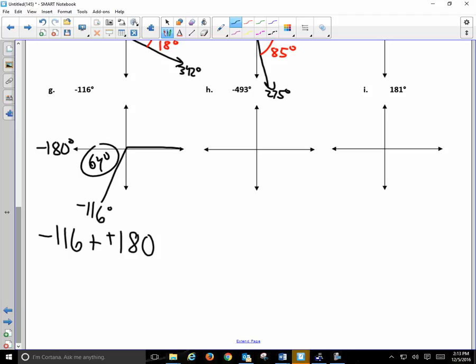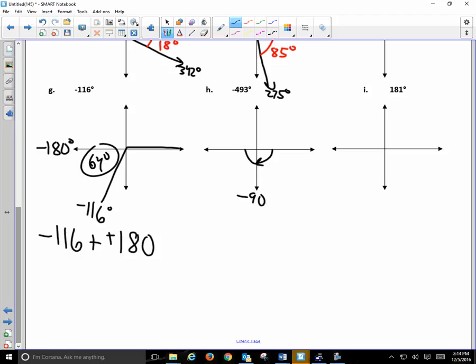Sometimes it's challenging to figure out what quadrant you would be in. For example, negative 493. Let's count some of our negative angles. This is negative how much? Yeah, negative 90.